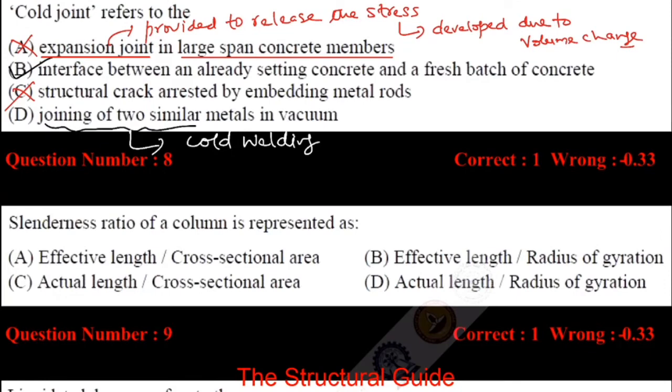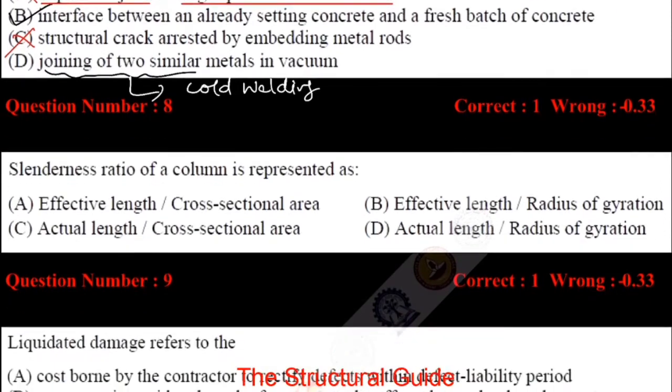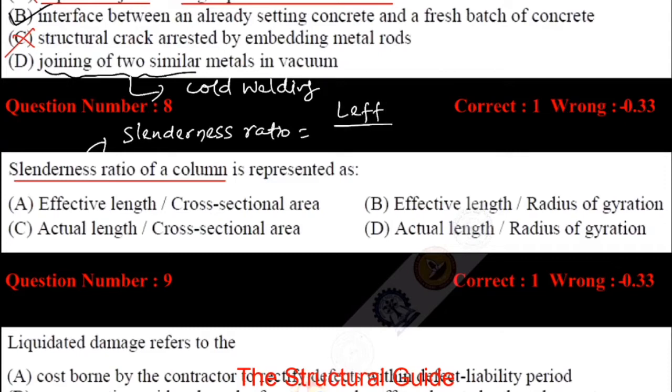Let's move to the next question, question number 8. Slenderness ratio of a column is represented as. So let's first understand what is the slenderness ratio of a column. Slenderness ratio is equal to effective length upon the radius of gyration.